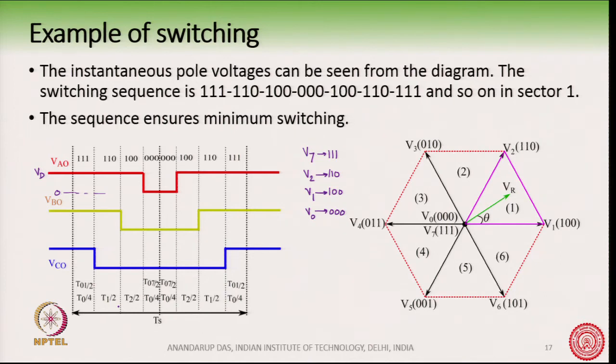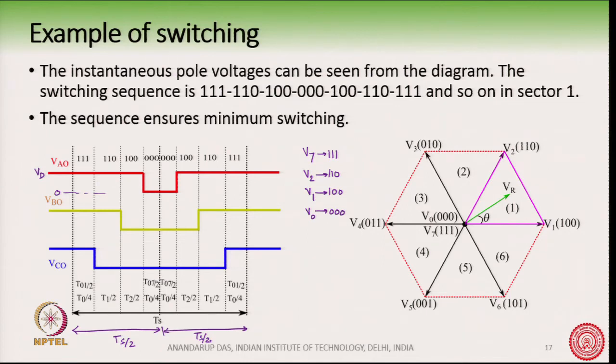As of now, we can say that this time period Ts is now equally divided into Ts by 2 and Ts by 2. These are the two subdivisions Ts by 2.